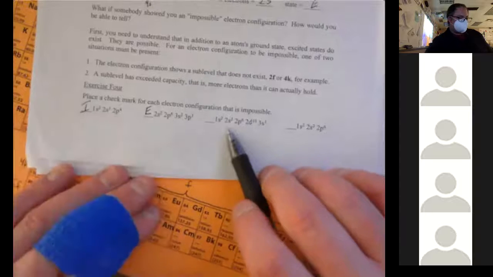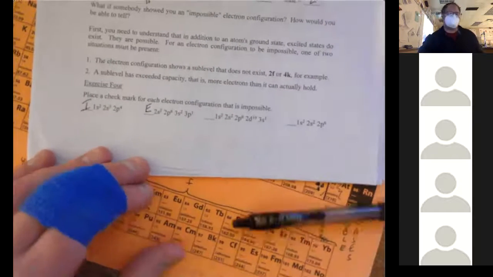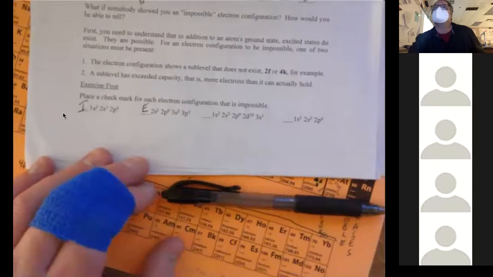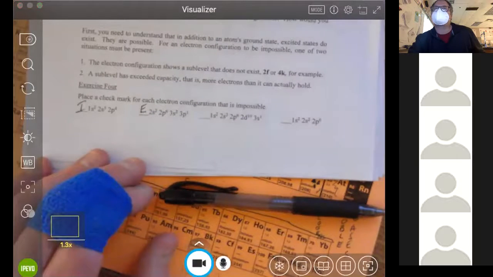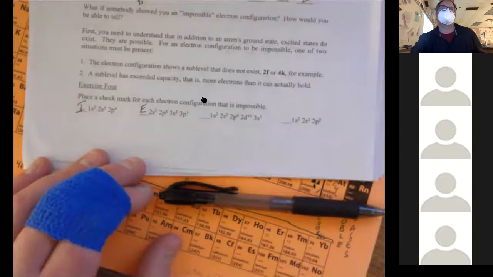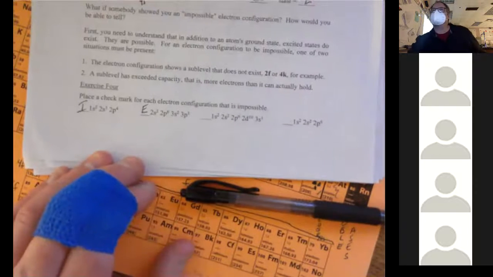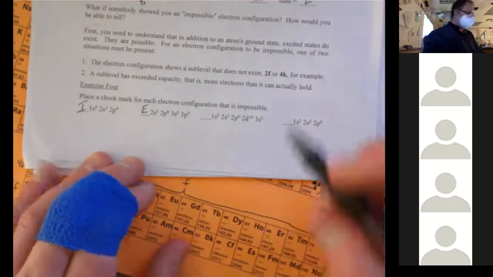How about here? 1s2, 2s2, 2p6, 2d10, 3s1. What's wrong with this? 2d10 is correct?